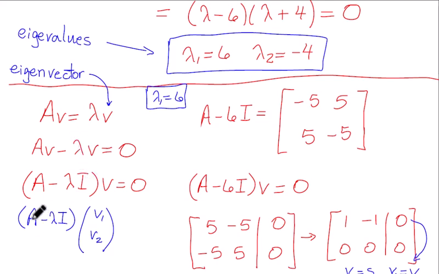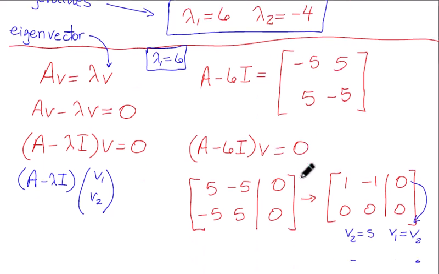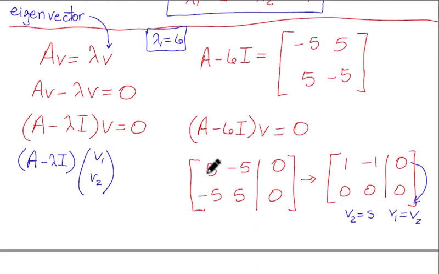I want to know what this matrix times something would give me 0. So here is A minus 6I. I'm going to row reduce this. I can divide this row by 5 and then add it in here.